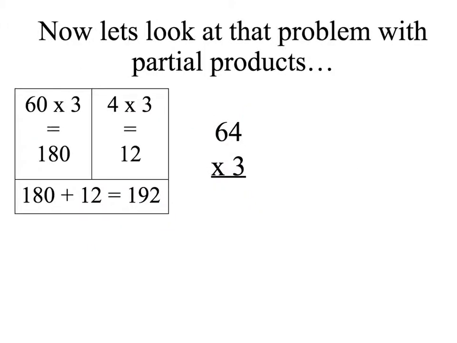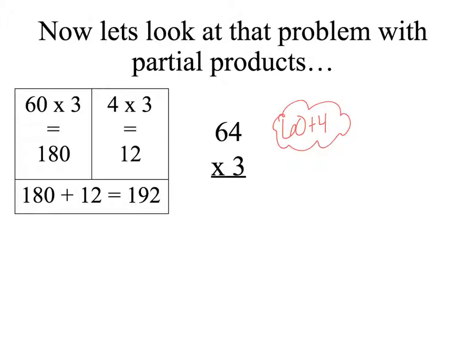Today, we're working on partial products. Partial products are a lot like the box strategy, only they want you to think about the box rather than write it down. So in this case, to use partial products, you would think in your head that 64 is 60 plus 4.